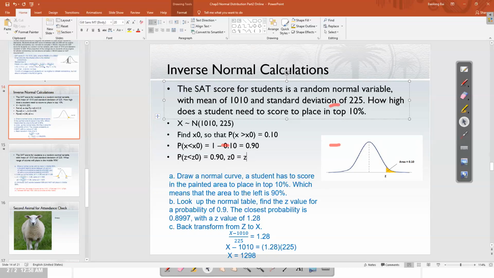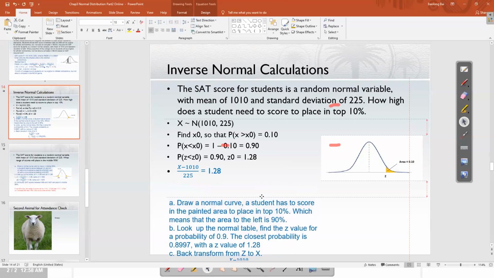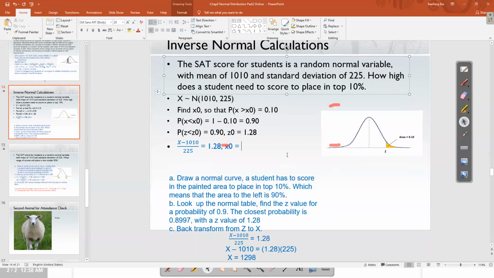So that'll be 1.28. And then we solve the equation, right? Just like the equation here, z equals x minus mu divided by sigma, and then you solve for x. So x will be equal to, from here, 1298.